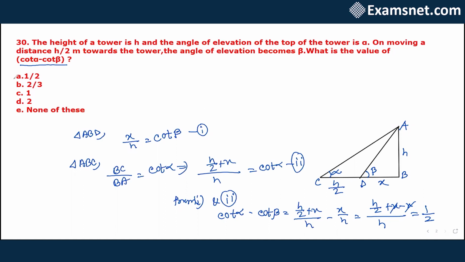So here option A is the correct answer. The required value for cot alpha minus cot beta is half.